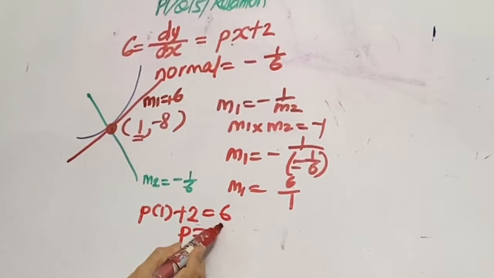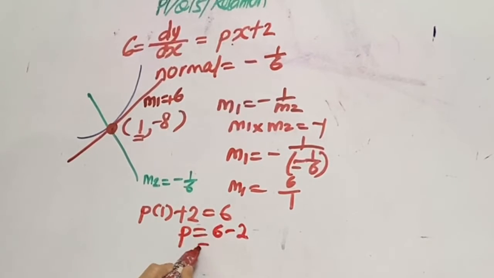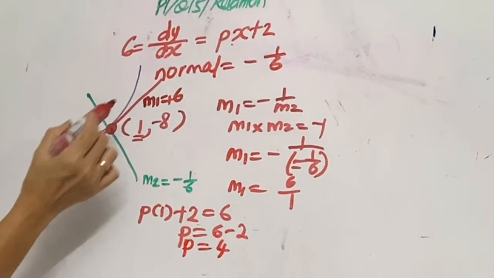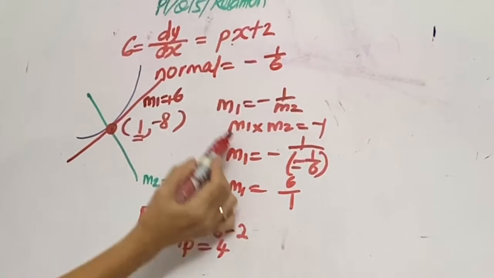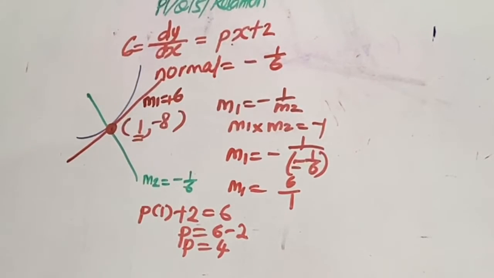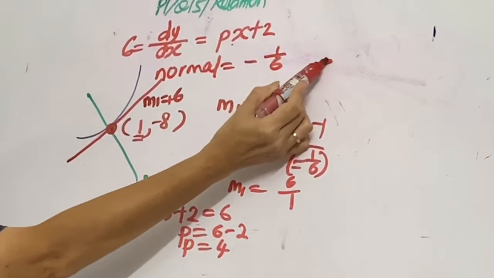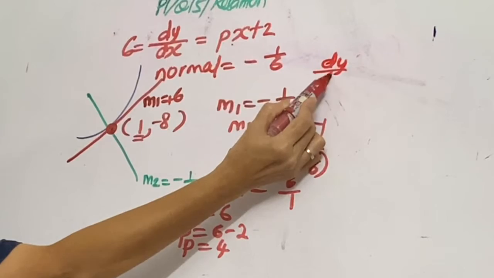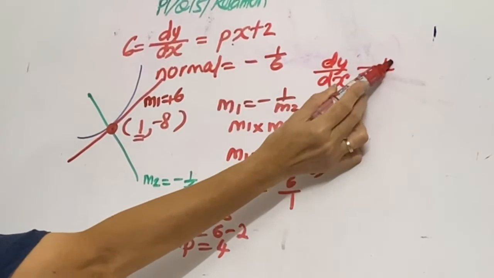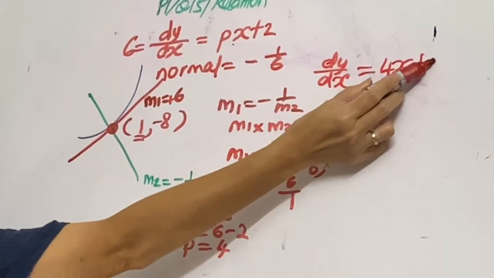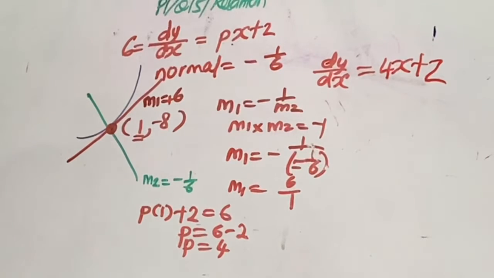Hence p is 6 minus 2, which is 4. So we have dy/dx equal to 4x plus 2. With dy/dx equal to 4x plus 2, we can solve for y.